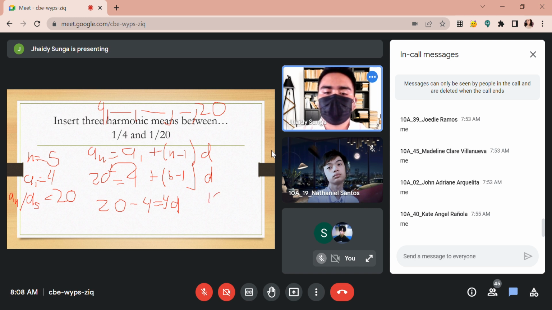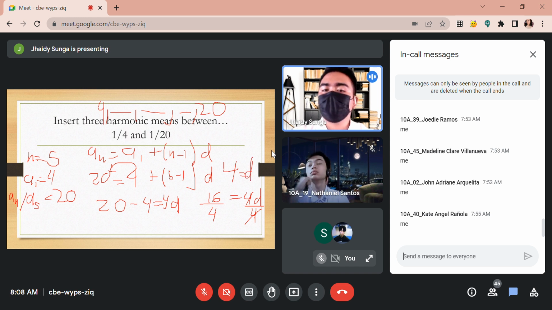We have 16 equal to 4d. So what we're going to do here is to find the d. We are going to remove the 4. So in this case, we have 16 divided by 4. The answer is 4. So we have 4 is equal to d. Our common difference is 4.